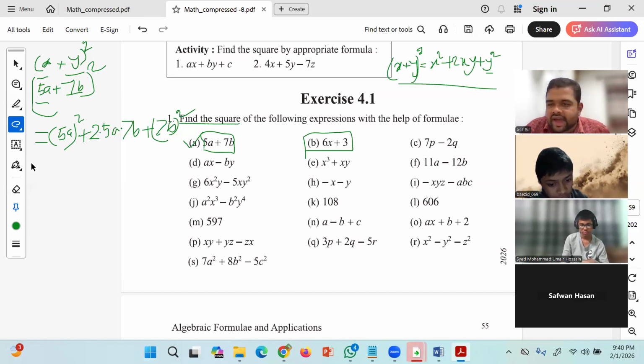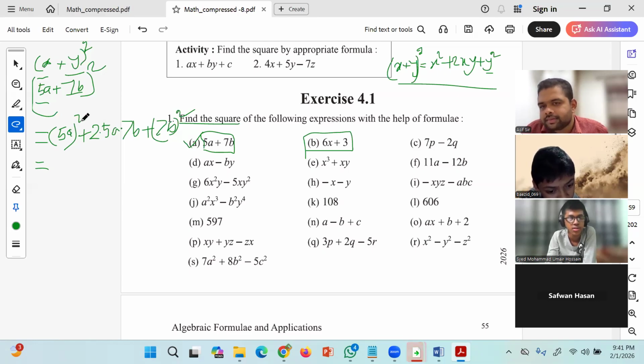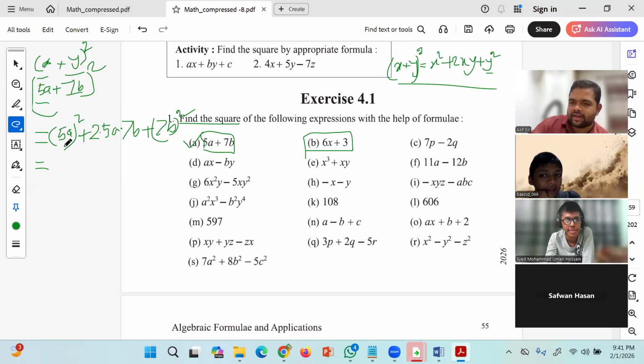Okay. Now let's simplify this line. How can we write it? 5a squared. So we get 25a squared, sorry. Please say it louder. No, there is no issue. Sir, it will be 25a squared. Exactly. Thank you very much. So this should be 25a squared, as I discussed in example 1. How did we get 25a squared? We have to square both 5 and a.